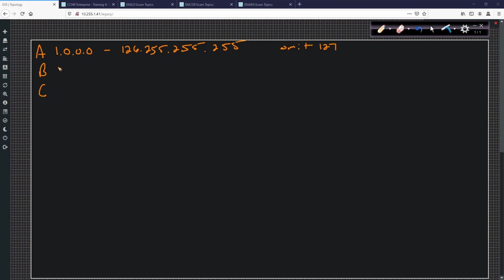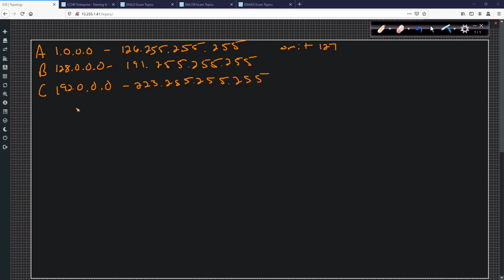Then up here for class B, we have 128.0.0.0 through 191.255.255.255, right? And then class C is going to be your 192.0.0.0 through your 223.255.255.255. All right, if you didn't already know that, there you go.